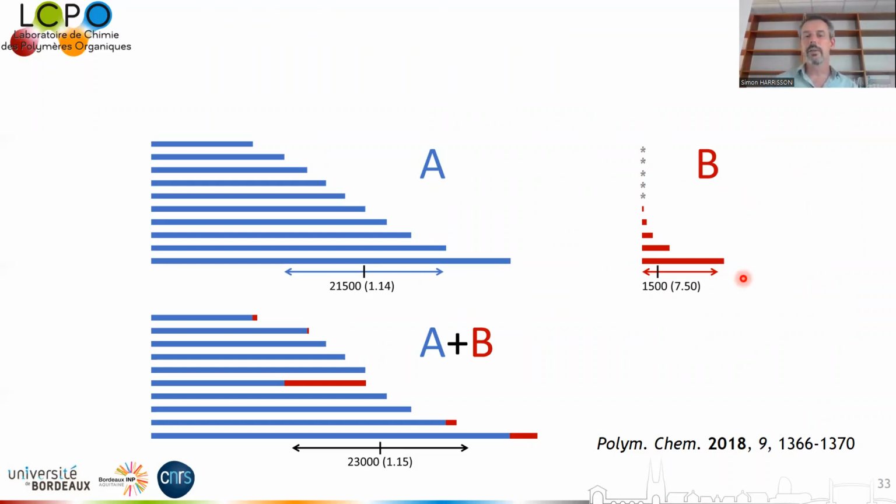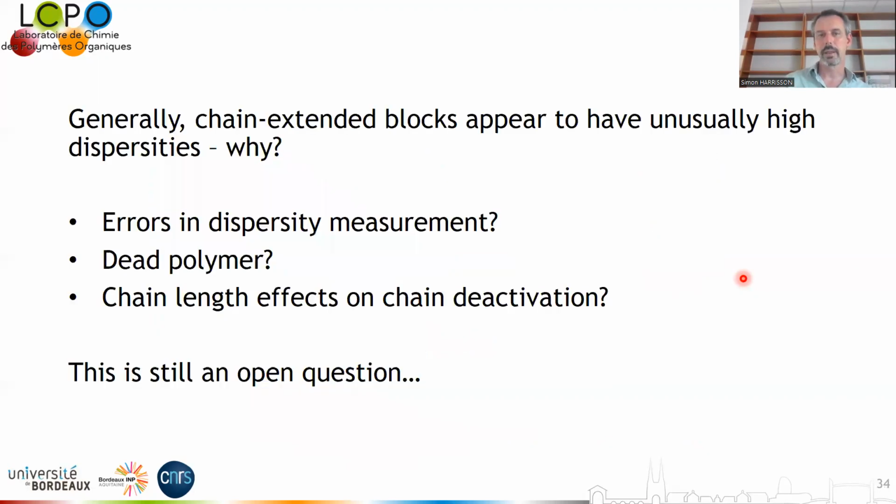And so this suggests that although the GPC is telling us that our polymerization is very well controlled, that we're getting a nice smooth increase in molecular weights, on the level of individual blocks, there must be something else going on, in the sense that we have apparently very large dispersities.